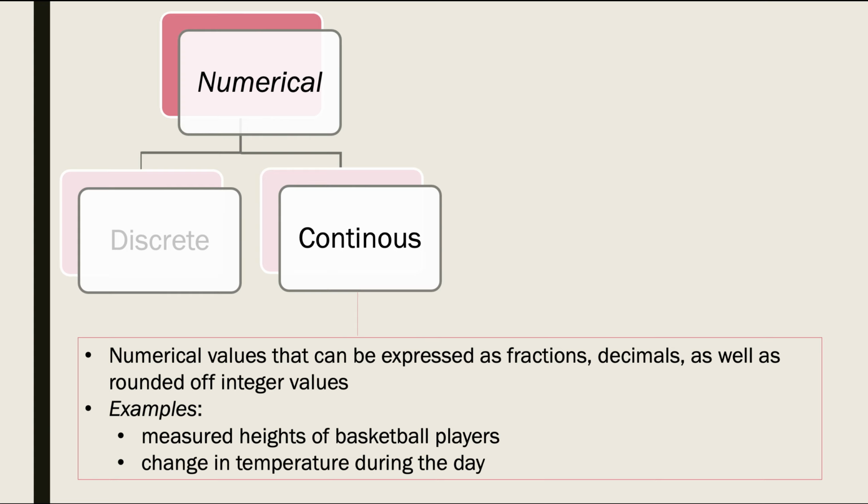Like for example, height of the players in the basketball team. Height can be 170 centimeters, but it can also be 170.1 centimeters. Agree? Or change in temperature during the day. The same thing, I can say it was 23 degrees today, or it was 23.6 degrees today.